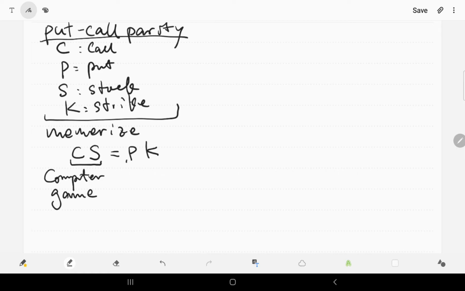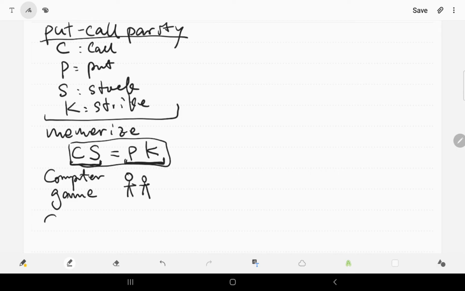In the game, we need to compete with different players. So in the CS game, I need to PK with each other. I just memorize it in this way, and then I can use this trick to memorize the whole formula.